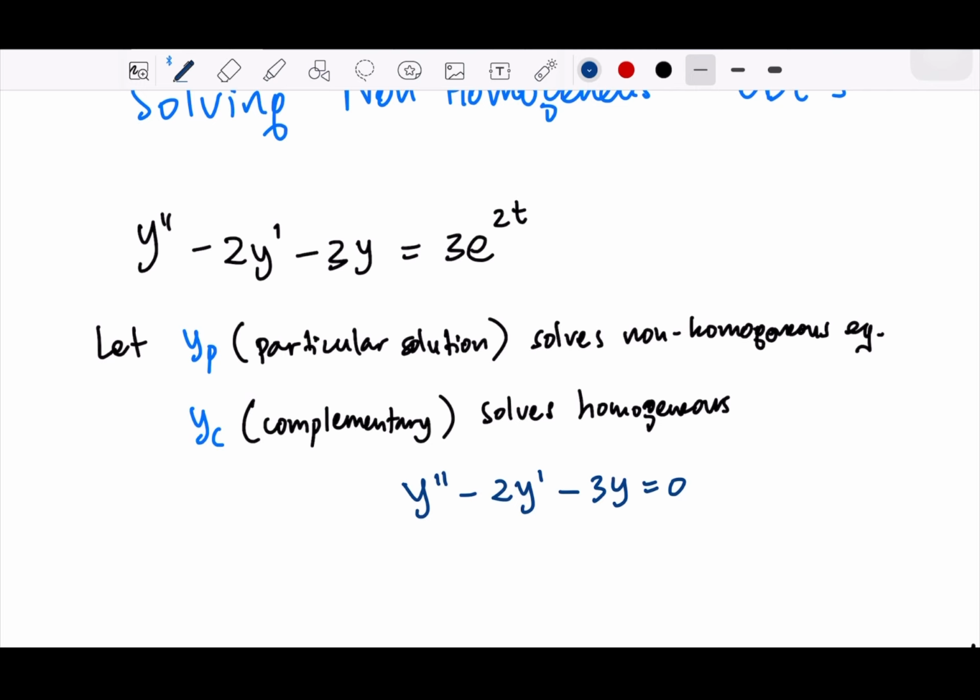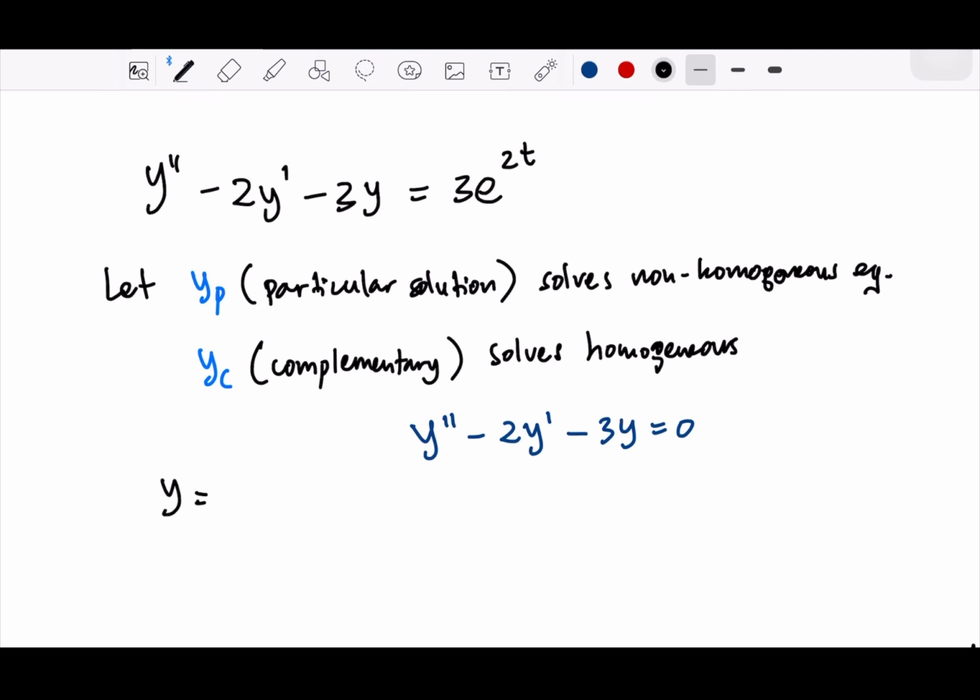And we know from the previous lesson that y is yp plus yc, right? And if we plug this yp plus yc into our equation, we could see that this can also solve the non-homogeneous, right? I think we already did this before, but this is just to remind you.